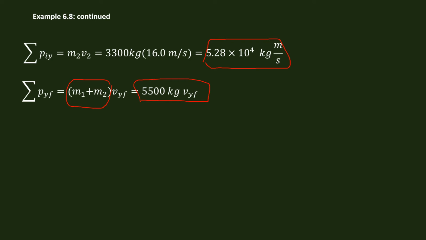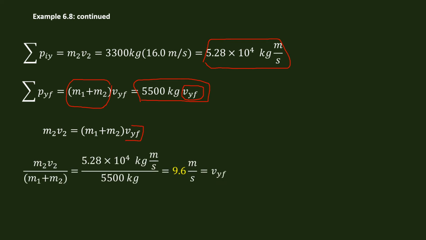Now you notice it says 55 kilograms times Vyf. Then we equate those, we get this expression, and we need to solve for Vyf. We get 9.6 meters per second.